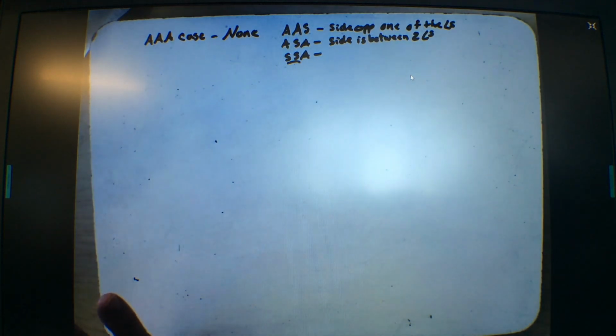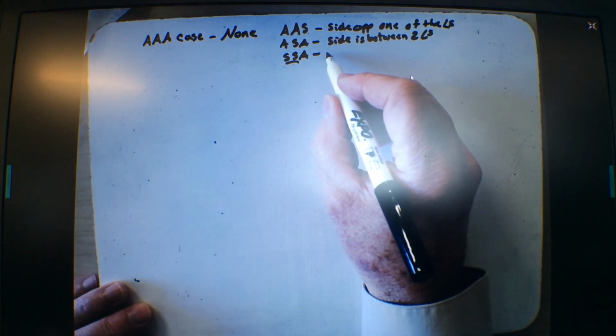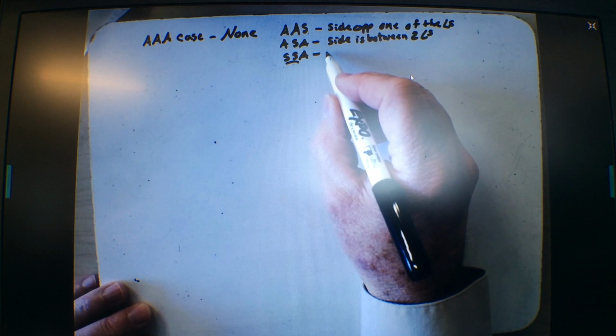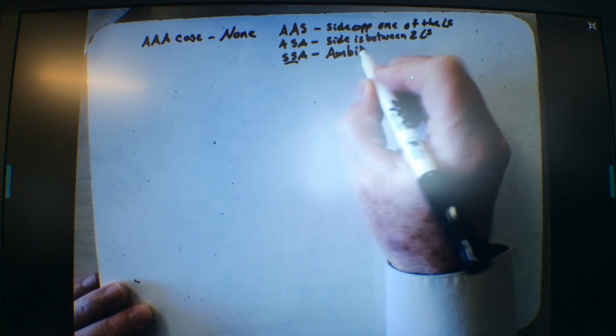So if you're given two sides and an angle not between those two, this is the bad case, and this is also a law of sines case, but this is what we call the ambiguous case.